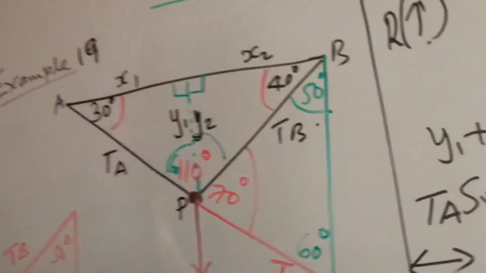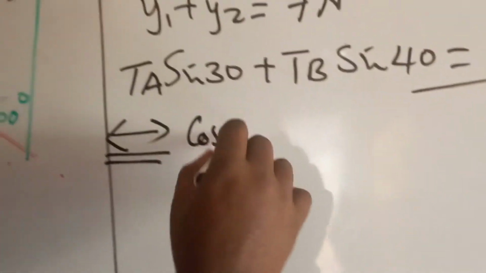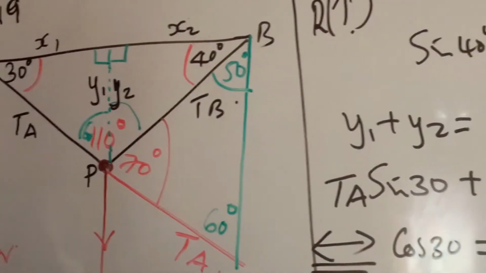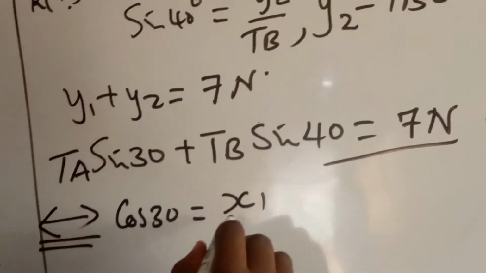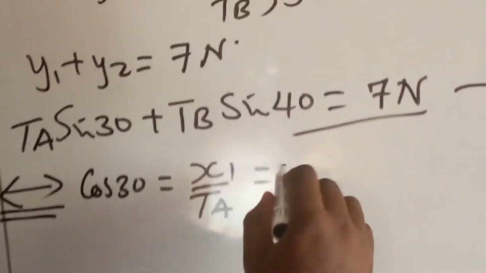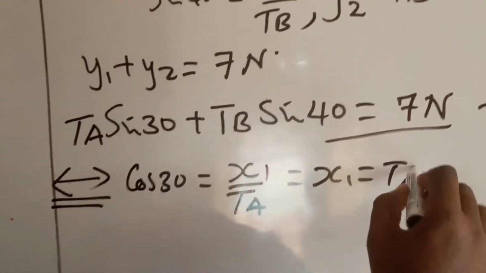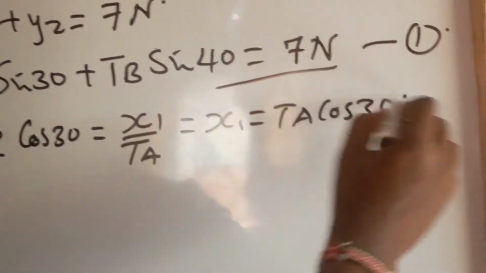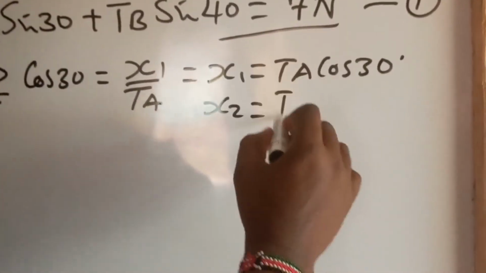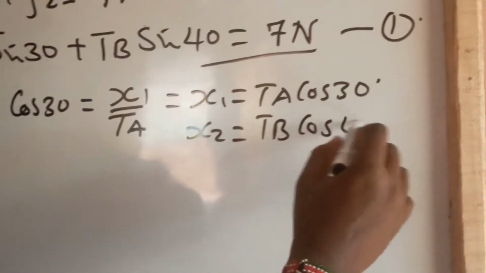That means the cosine of 30 is going to be adjacent over hypotenuse, from SOHCAHTOA, which means X1 over the tension of A, meaning that X1 is equal to the tension of A cosine 30. Likewise, X2 is equal to the tension of B cosine 40.